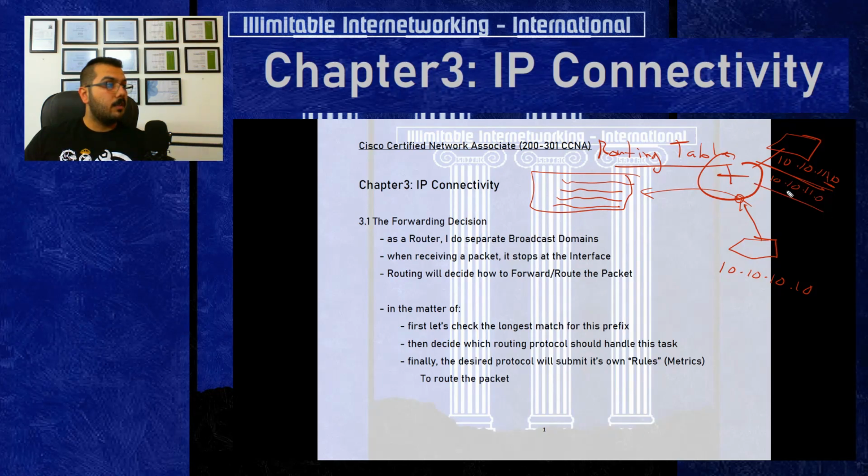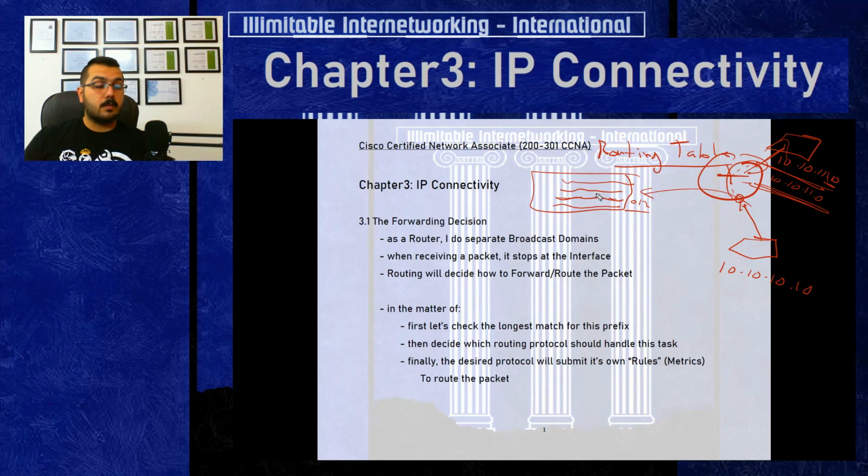One of these two must at least be installed in the routing table. So once the router receives a packet that requires to reach this destination, it will say yes, this destination, which is 10.10.11.10, can be reached by forwarding the packet to interface maybe 02, and this is how the router will take the packet and give it to interface FastEthernet 02, and it will get forwarded to the required destination.